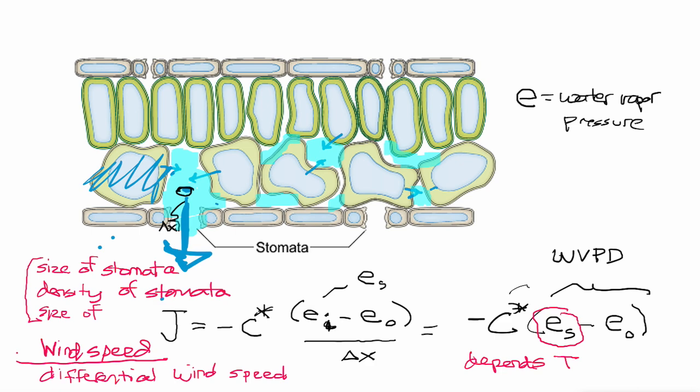So this is really the big factor that gets incorporated into this diffusivity constant here that very strongly affects the rate at which water vapor can be removed from the plant into the atmosphere. And that's it. That's the essential features, I should say, of the mass balance approach to estimating evapotranspiration.